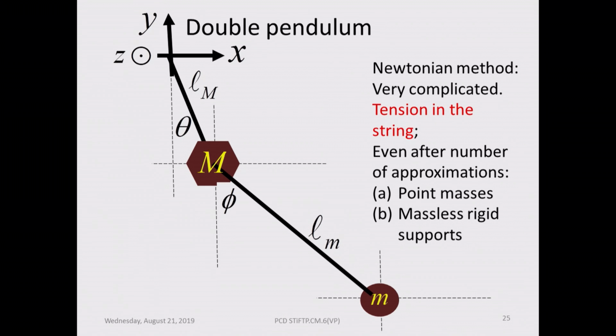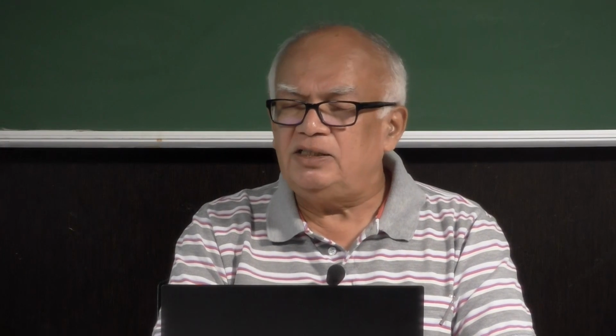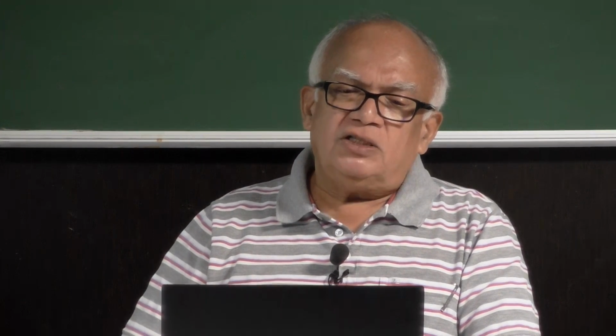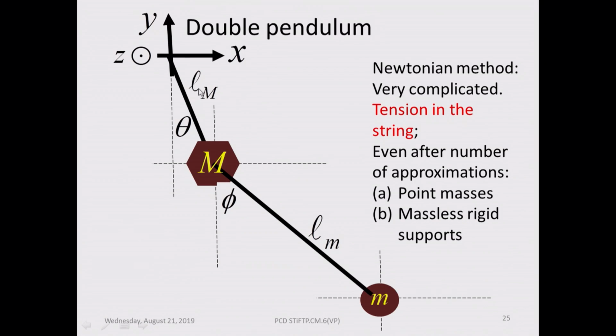But even with these gross approximations, this is not an easy problem to solve. So the length of the rods may also be different. So this length is L with the uppercase M, and this length is L but with a lowercase m.